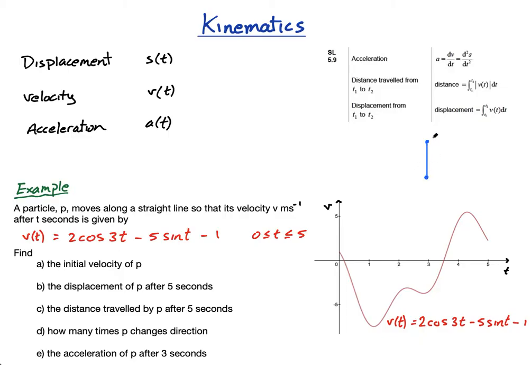So you live here, your friend lives here, and this is 2 kilometers. Now, if you walk to your friend's house straight down here, you will travel a distance of 2 kilometers, and your displacement will be 2 kilometers south. So displacement has direction in it as well, whereas distance does not.